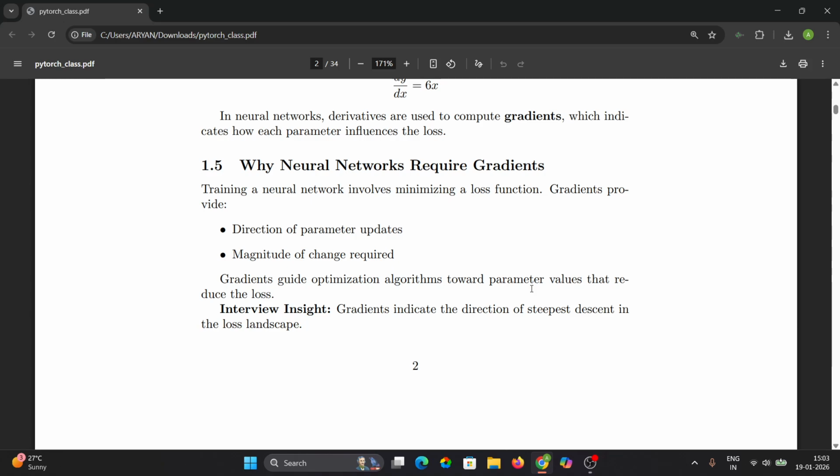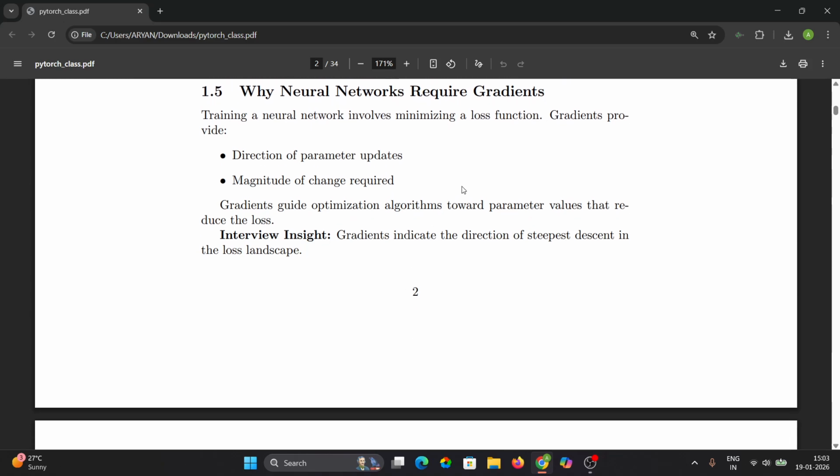It also tells us how much magnitude of change is required to minimize the loss. So the gradient guides optimization towards parameter values that reduce the loss. Gradient indicates the direction of steepest descent in the loss landscape. So the gradient tells us which direction we should follow so that we can reach the minima in the minimum amount of time.